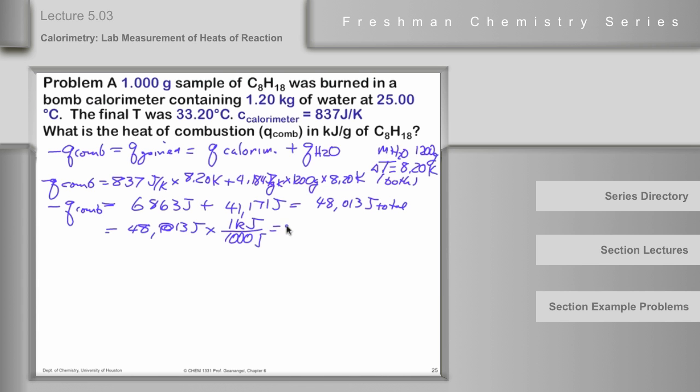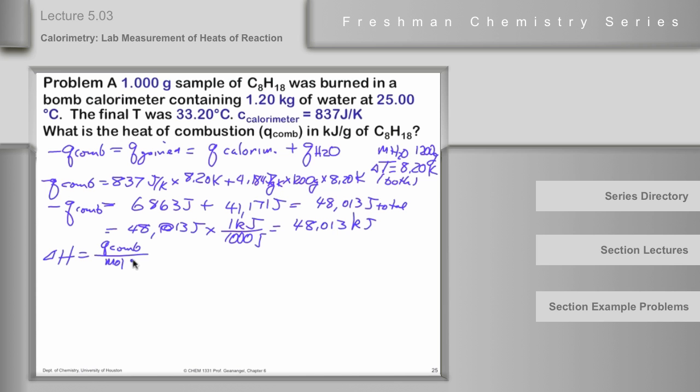Now it does say that it wants this in kilojoules per gram, but what if it had said it wanted delta H? What would you do? We'd have to take Q of combustion and divide it by moles of C8H18, right? Q of combustion here is minus 48.013, and we would divide that by the number of moles of C8H18.